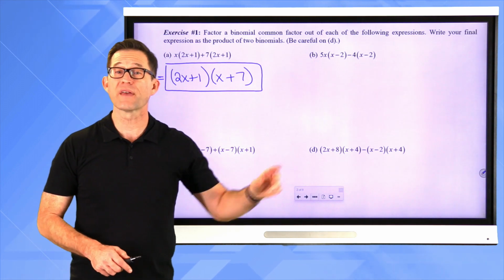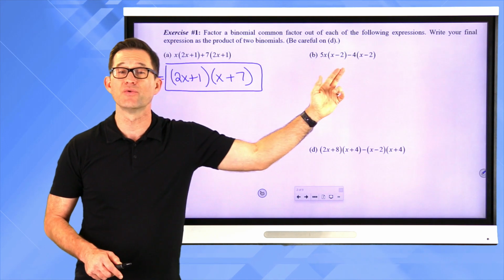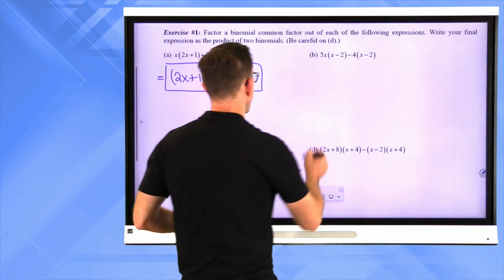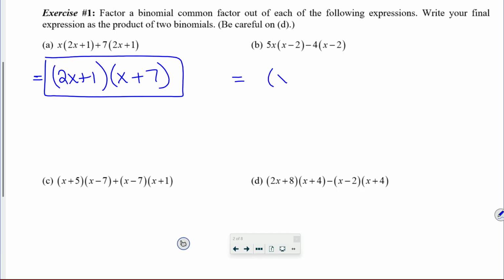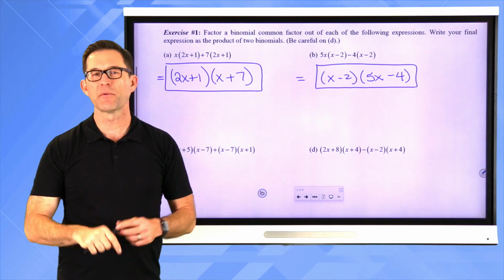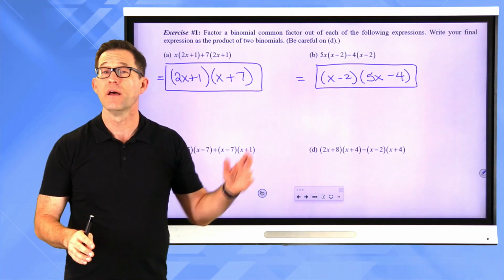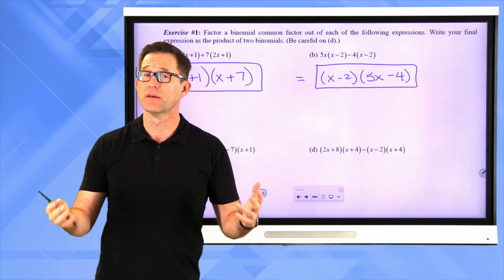All right, well in this case we have an x minus 2 times 5x and an x minus 2 times negative 4. So I can rewrite this as x minus 2 times 5x minus 4. Absolutely no different than a common factor of 3 or 3x or 5x or anything like that. The common factor just happens to be a binomial.